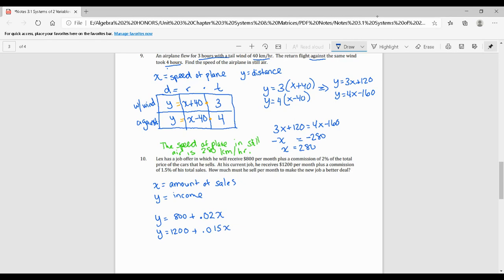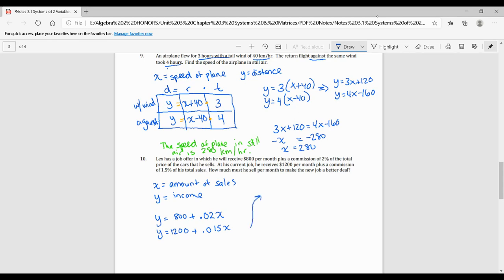Now we need to solve that, okay? So how much must he sell per month to make the new job better? So if we set those, again, you determine whether you want to use substitution or elimination. It's up to you. I'm going to use substitution again since the y's are equal.